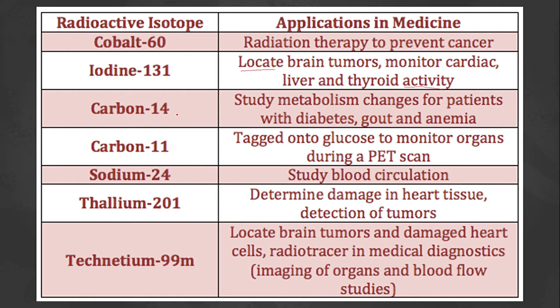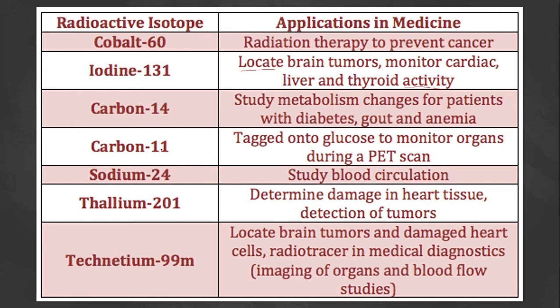Nag-e-emit sila ng napakakonti lang naman na amount ng radiation. And these radiations are then detected by machines. So, pag na-detect na yan ng mga machines, yung machine na magsasabi o magpapakita sa atin ng mga images to indicate whether there is a normal or abnormal changes or activity inside our bodies.